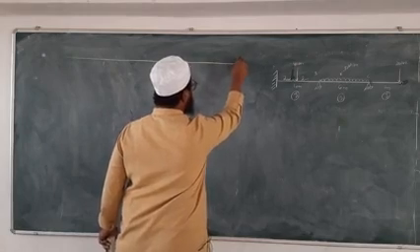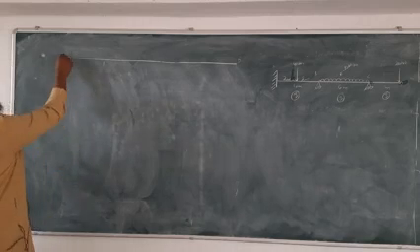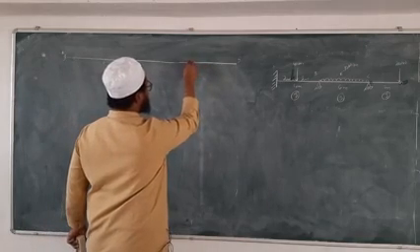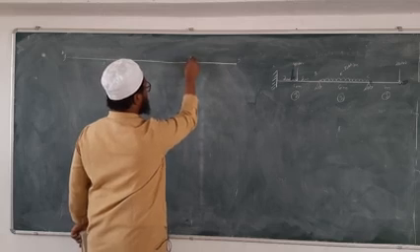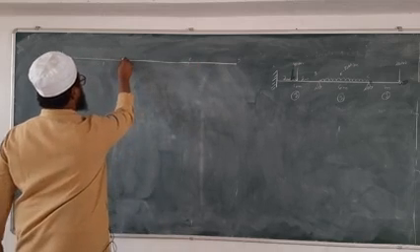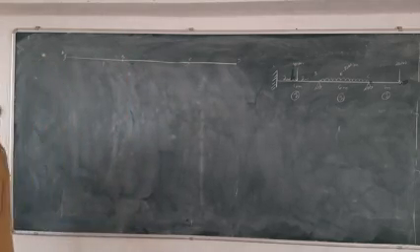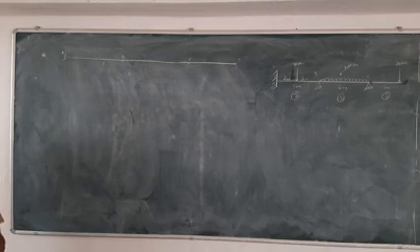Here we have point D and here we have point A. Here it is fixed and at C it is hinged, right? What are the fixed end moments? Final fixed end moments.